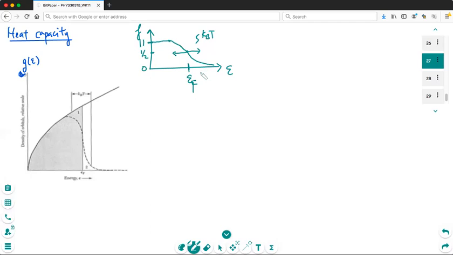When you are at finite temperature, only the states within kB times T of the Fermi energy will be affected. So if I look at an energy state very, very far below the Fermi energy, those are basically sitting there doing nothing.